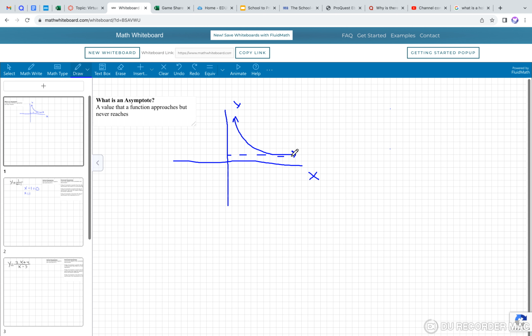With these dotted lines, we can show this line. It seems to be approaching a value of y equals 1. That is actually a horizontal asymptote. As x approaches infinity, it will never reach 1, but it is just approaching 1. So that would be a horizontal asymptote.